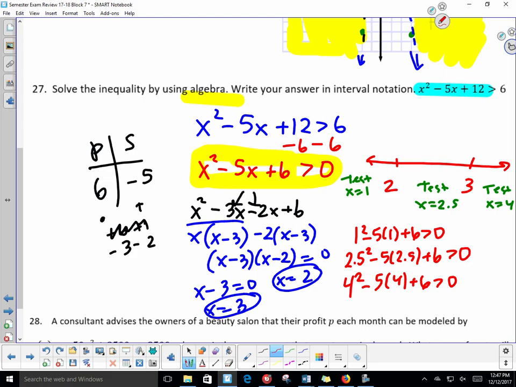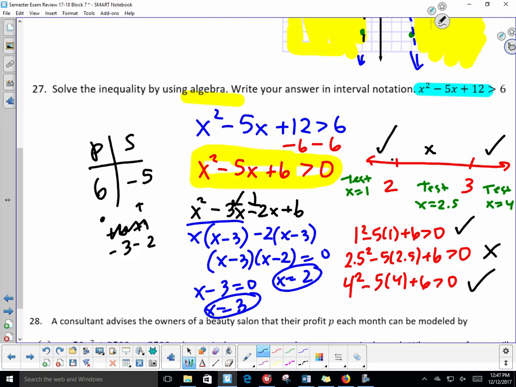And remember, there always should be a pattern: either yes, no, yes, or no, yes, no. So if we test these, I think this one should be a yes, this one should be a no, this one should be a yes. Which means this piece is good, that's a no, and this piece is good.